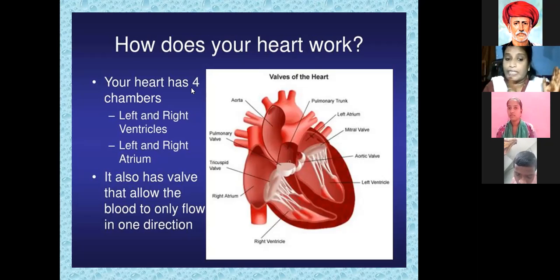The heart also has valves that allow the blood to flow in only one direction. The valves help to allow the blood to flow in only one direction. It maintains no deviations of the blood flow.